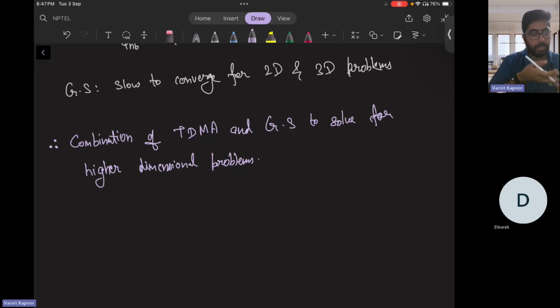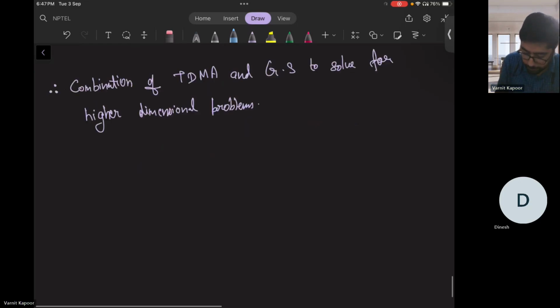Gauss Seidel and TDMA we have seen in one dimension. Now for two or three dimensional, use a combination of both TDMA and Gauss Seidel to solve these algebraic equations. This kind of method is called the line by line method.